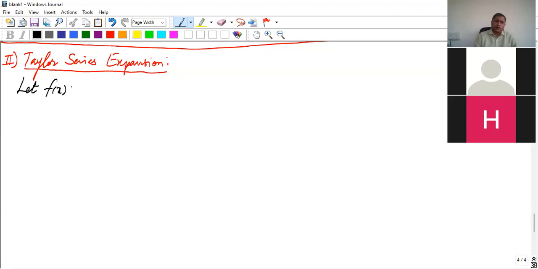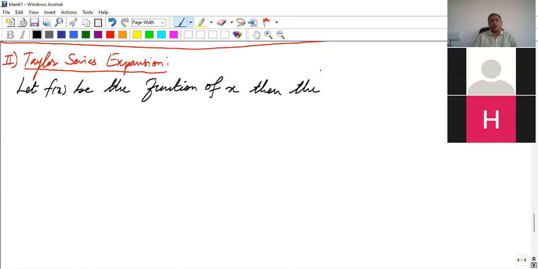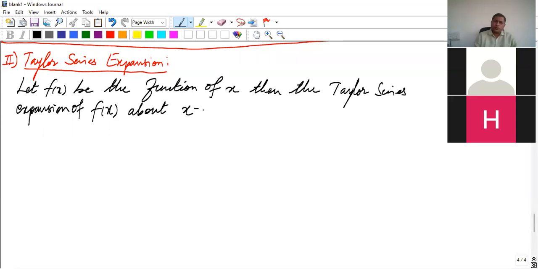Let f of x be a function of x, then the Taylor series expansion of f of x about x is equal to a is given as.